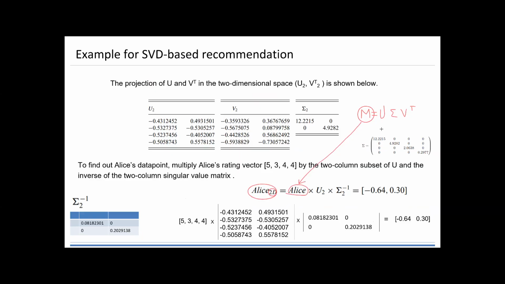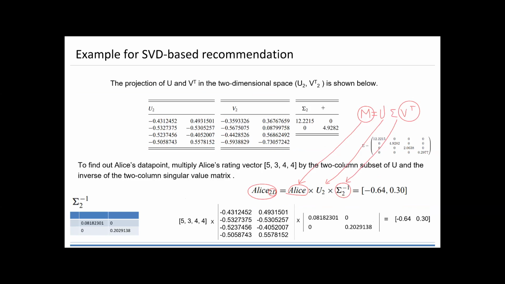And user, we have this matrix, and we have the singular values. But in order to know the rating of the item of Alice, or what we call the 2-column singular value matrix, we can do it with the inverse.